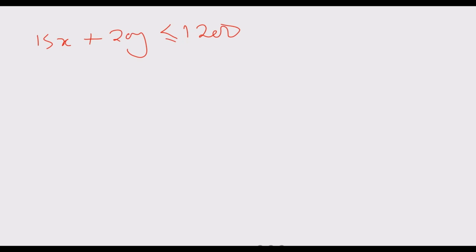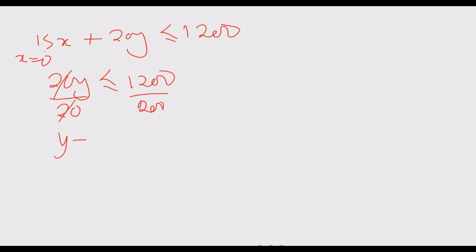Then we are saying when x is equal to 0, it will be 15 times 0 is 0, so we have 20y is less or equal to 1200. That is when x is equal to 0. Then we solve for y by dividing. Then y is equal to 1200 divided by 20, we end up with 60, which is 120 divided by 2.